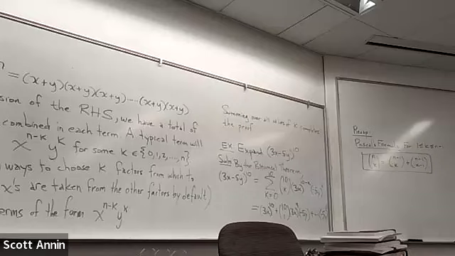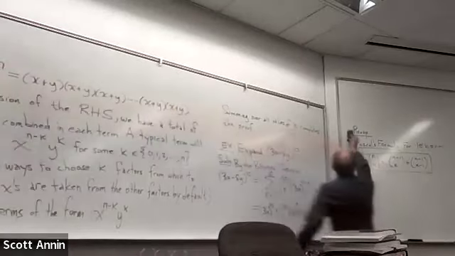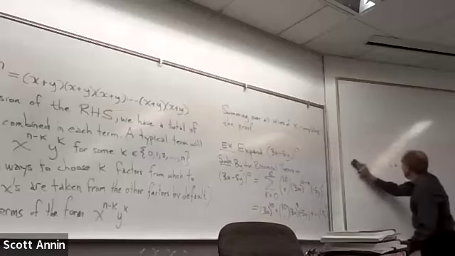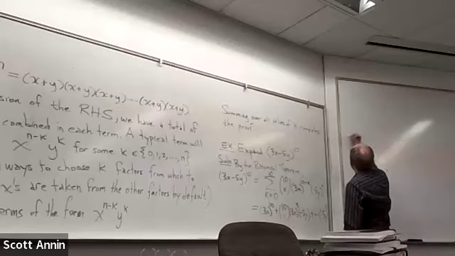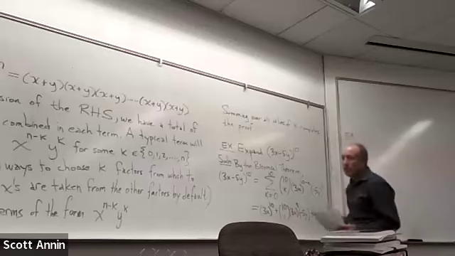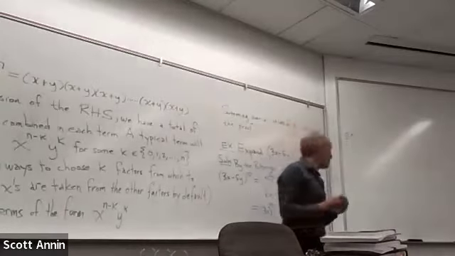The other point I should make is, what if you had three things added here, like x plus y plus z to the n? You could, of course, group together the y plus z and treat it as a single entity and apply the binomial theorem to that. Let's write it down, I start waving my hands too much. Just as another little example, you don't have to limit yourself to just two expressions here.